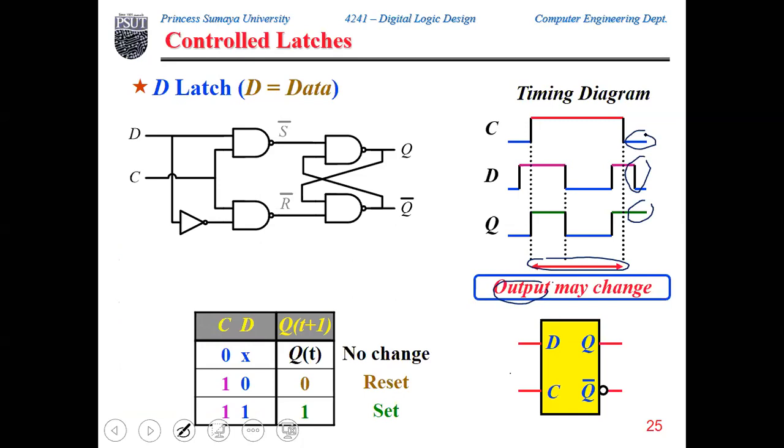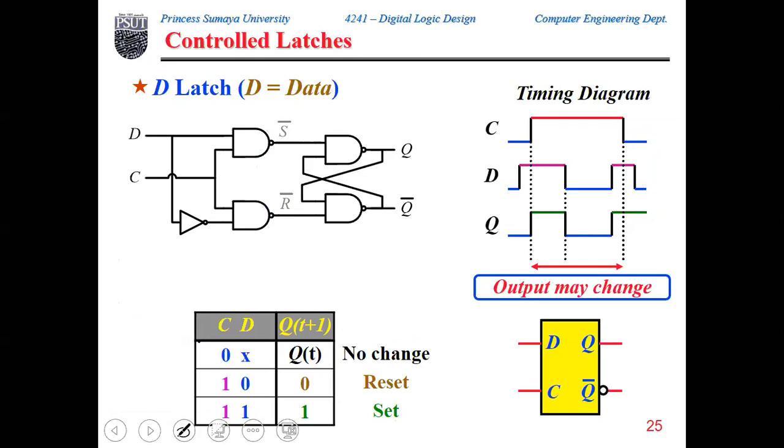So in order to analyze a circuit that contains this type of storage element, which is the D latch, a clocked latch constructed from an S bar, R bar latch such that there is no invalid state, as we see here, we need to analyze the circuit only when the clock is enabled.